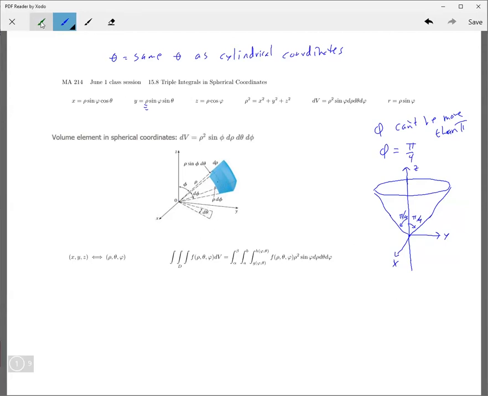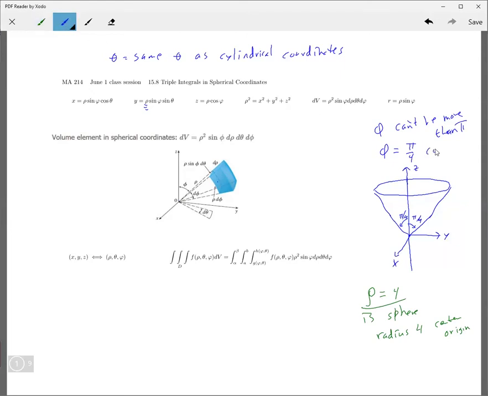The advantage of using rho is that if you had rho equals 4, that is a sphere of radius 4, centered at the origin. Just that equation right there.